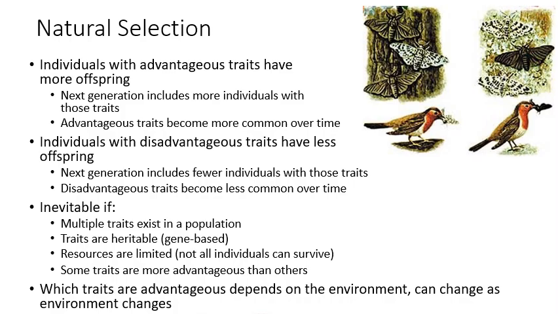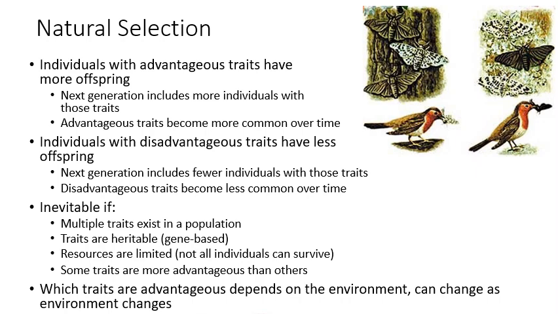So before we talk more about where the idea of evolution comes from and evidence for it, we'll talk about how natural selection works. Natural selection is just the idea that if you have advantageous traits, it's easier for you to have offspring and you probably have more offspring. So maybe your advantageous traits make it easier for you to find food or easier to get away from predators.